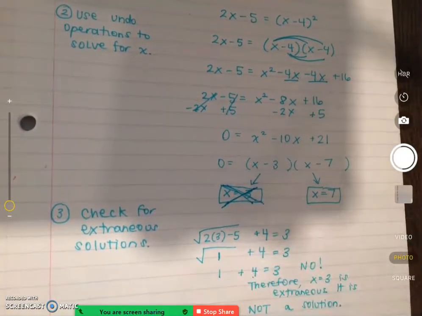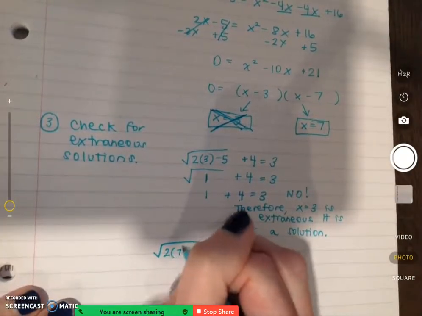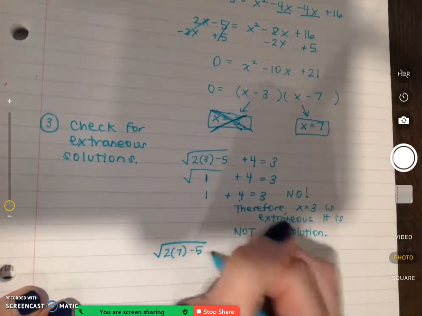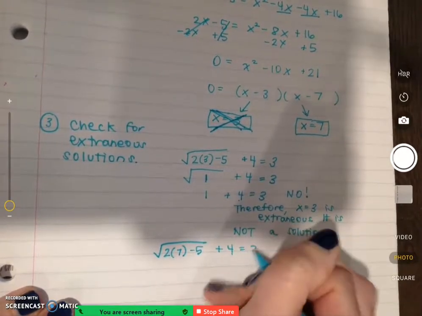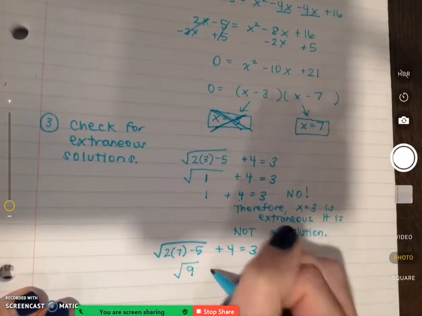It's called extraneous. Let's check 7. Input 7 in for x. And we have 14 minus 5, which is 9.